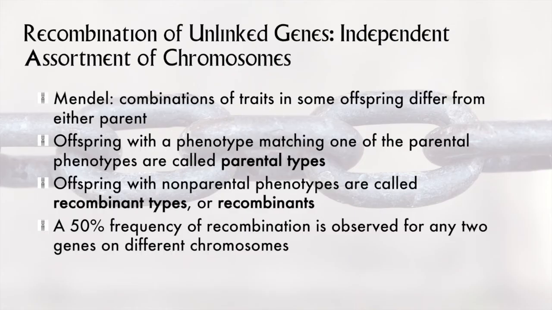Back to Mendel for a second. He saw combinations of traits that were different from either parent. Hello, green round pea. Morgan called the flies that were just like the parents parental types, and the ones where the traits had rearranged recombinant types. If the genes encoding the two traits are on different chromosomes, the maximum expected difference would be 50% because of independent assortment.